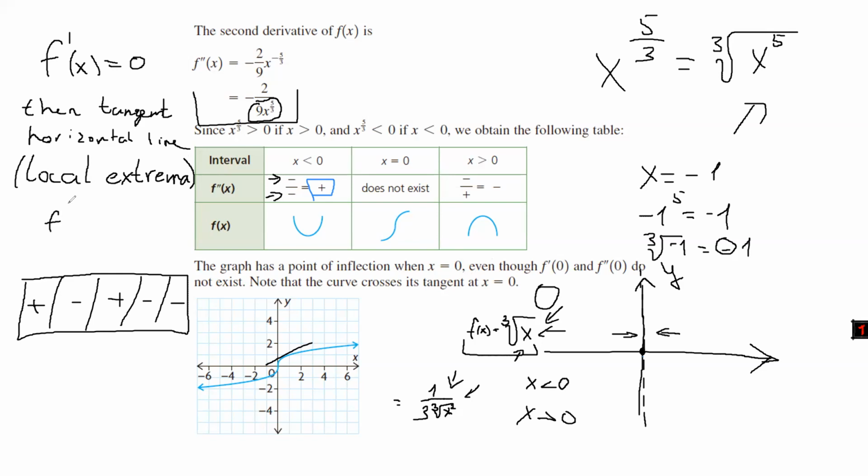And f prime of x does not exist. Or how would you say does not exist? You would learn it further, but you would say f prime of x does not belong to rational numbers, right?